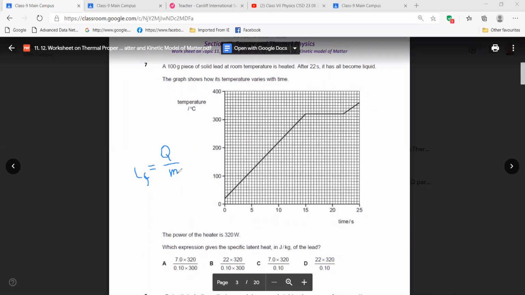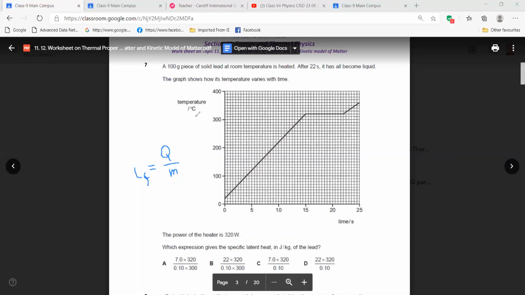Okay, so look here. You have the formula l_f equals Q by m, which is the formula given in your book, and Q is the energy. Energy you will get from power and time, I told you, right?